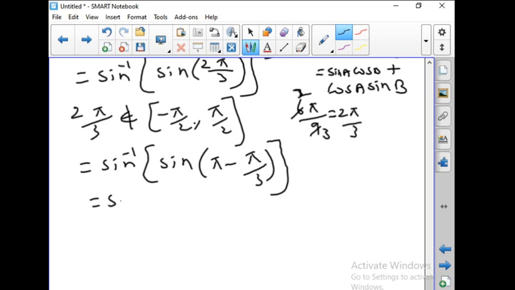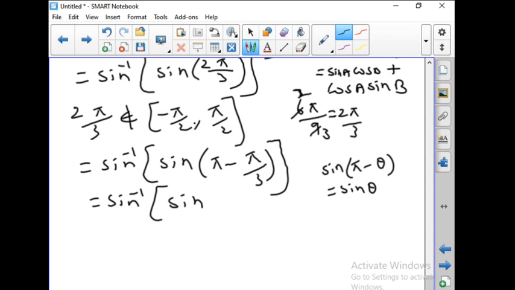Now what is sin pi minus theta? We have already seen in the problem. For pi minus theta, in the second quadrant, sin is positive, and pi is 180, so it will be sin theta.